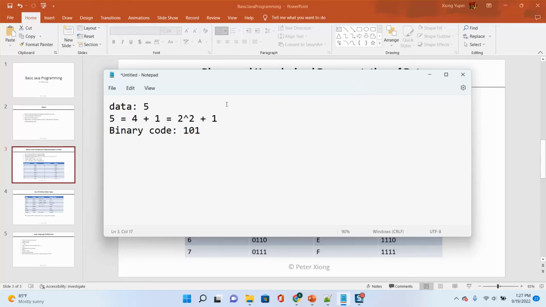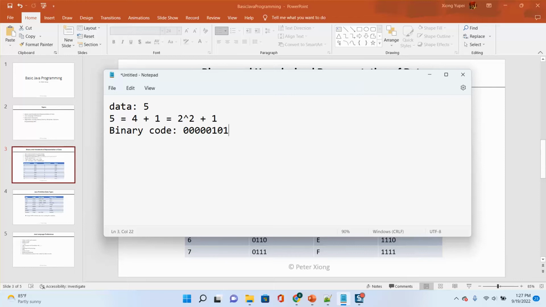Okay. But in a computer we don't write things in single bits, we write things in bytes. So a full byte is 8 bits. So it's 0, 0, 0, 0, 0, 1, 0, 1. This is 5. It means the last digit is 1.